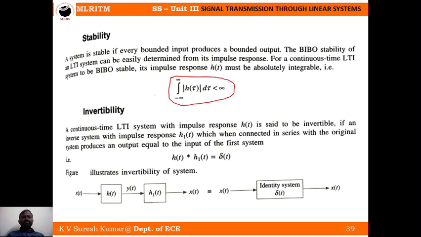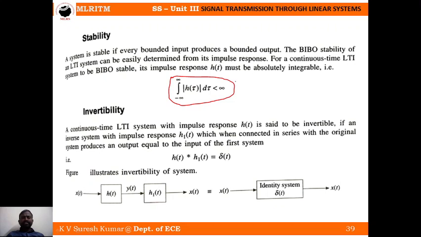Time invariant means that when the input is delayed by capital T units, the output also should be delayed by capital T units. If not, it is time variant. Then static means the present output should depend on the present input only, but not on any past inputs or future inputs.